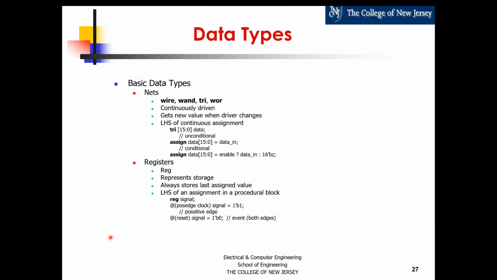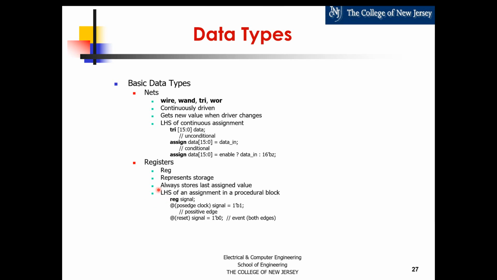The other group of data type is registers. And register implies some type of memory. It represents storage. There is the ability to store the last assigned value. And we call those regs. The word that we're going to be using, as in here, reg, to declare something as a register.